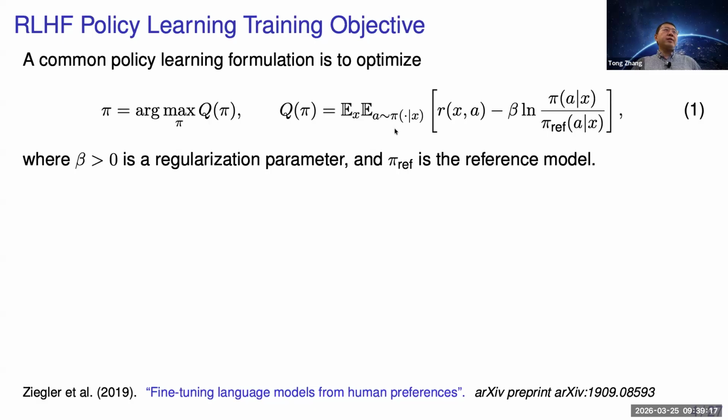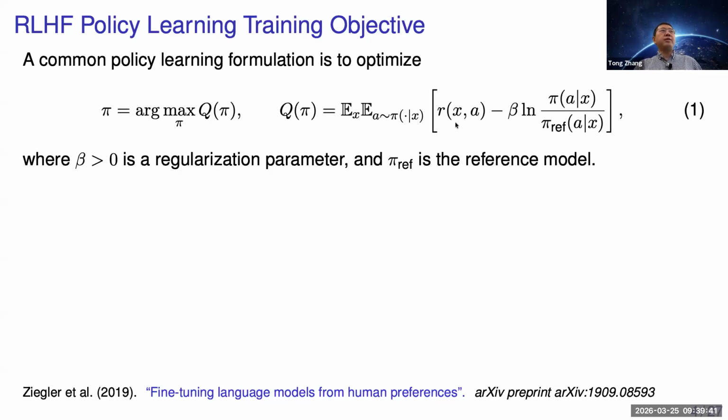One thing about this, which we will come back to later on when we summarize RL versus supervised learning, is that you take a set of prompts. This expectation actually says you are generating the response from your current model. So basically this expectation really is data.